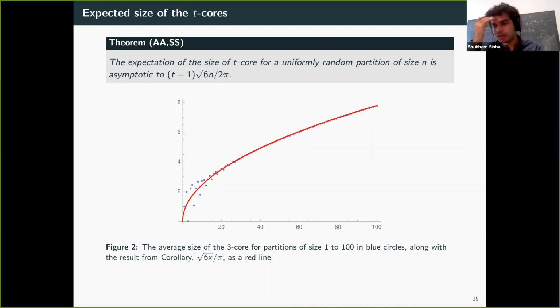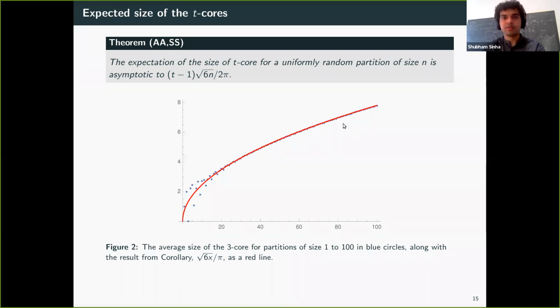So for the purpose of this talk, we will not go through the proof of these main theorems about the distribution. The proof is much more technical and more analytic, in the sense that you have to make a lot of bounds and then get these results.